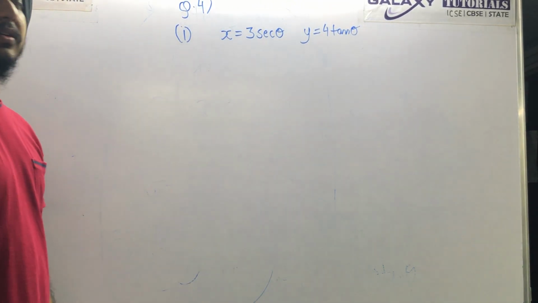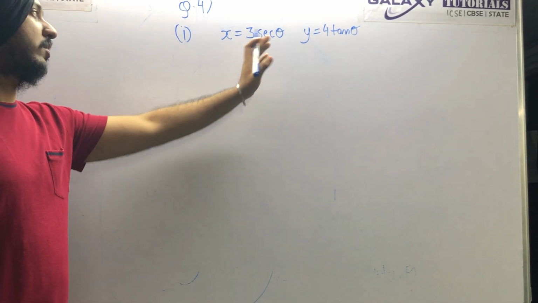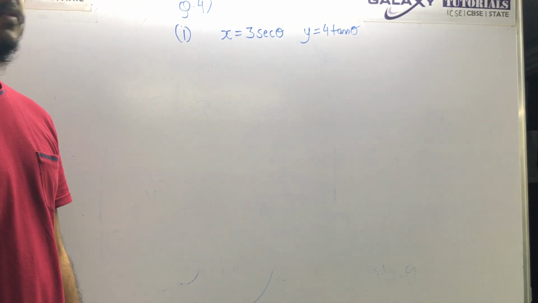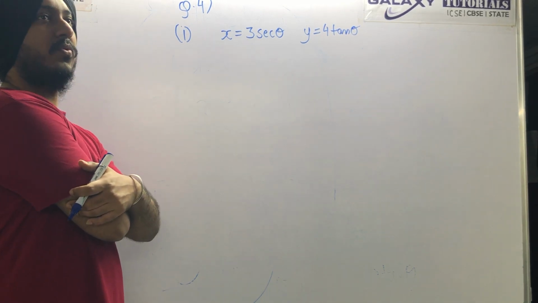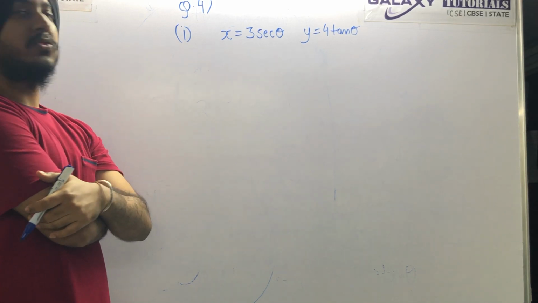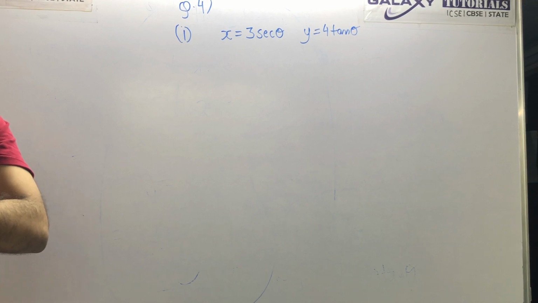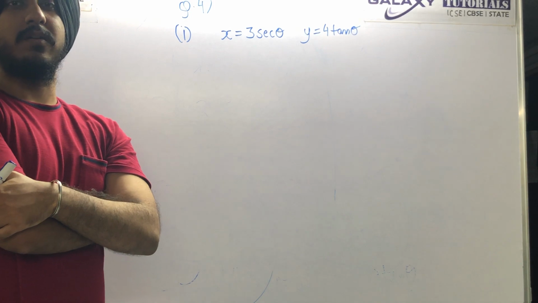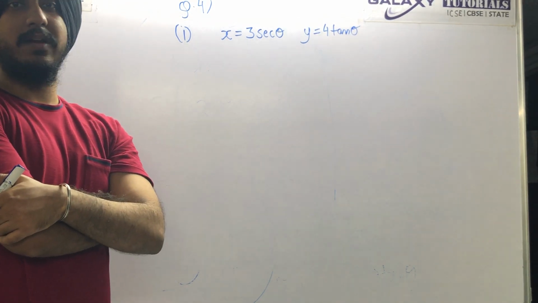First part is x is equal to 3 sec theta and y is equal to 4 tan theta. So you have to do something so that you can remove theta. So what comes to your mind in this? Here you can see sec theta and here you can see tan theta. So you have to eliminate both of them. If you can make the expression something like secant square minus tan square, you know that secant square minus tan square is what? That is 1. Secant square theta minus tan square theta is 1.